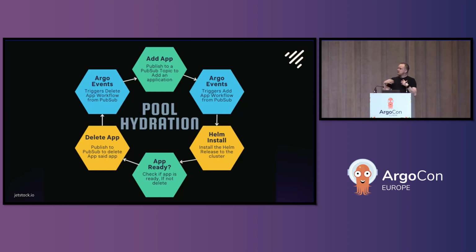The specific feature that we were looking at here is pool hydration. One of the challenges that we had was installing Helm and installing a few applications, waiting for the deployments to be ready, ingress, TLS certificates, took a long time. So we did a pool mechanism.